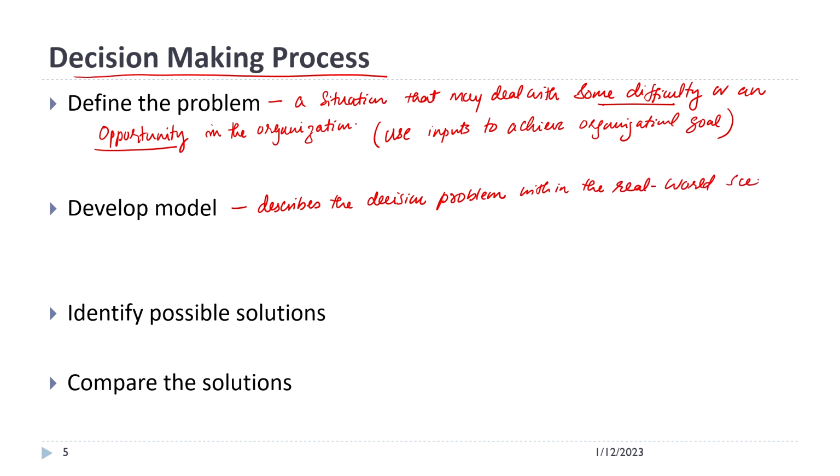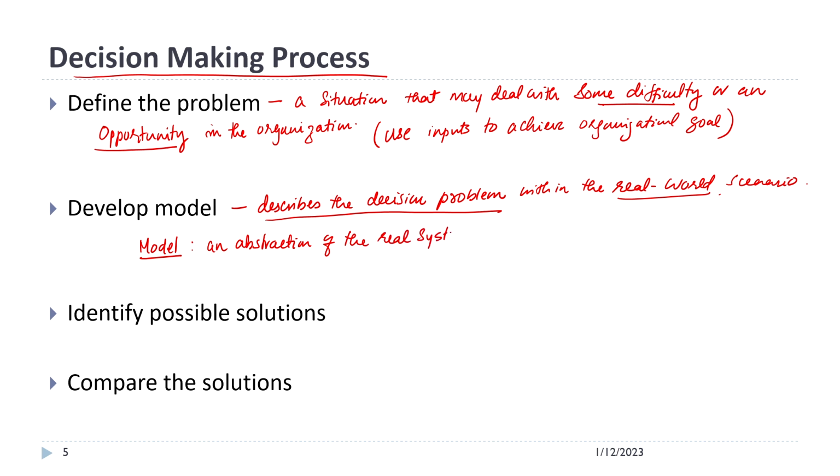So, whatever is the current situation, or the organizational situation that you see, within that context, can you describe the decision problem? That is what developing the model means. Or another way to think about it: a model, in our class or for this course, is an abstraction of the real system.